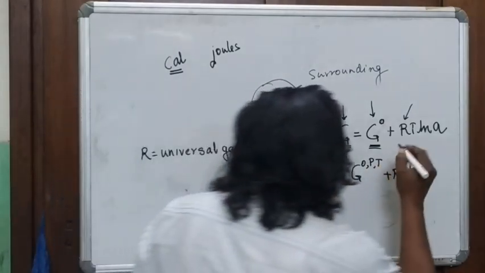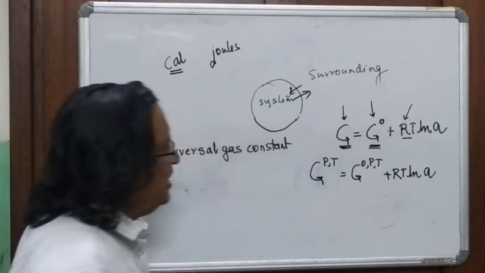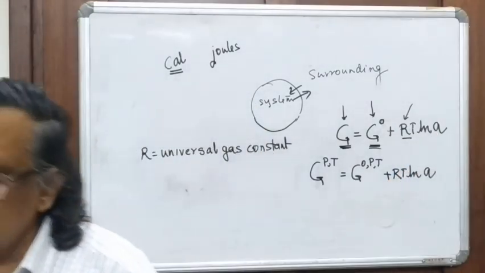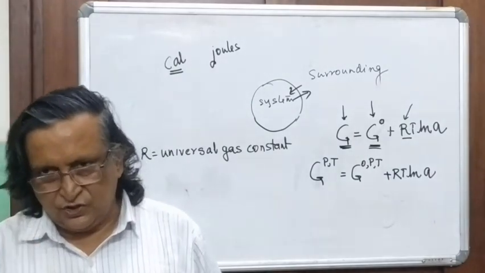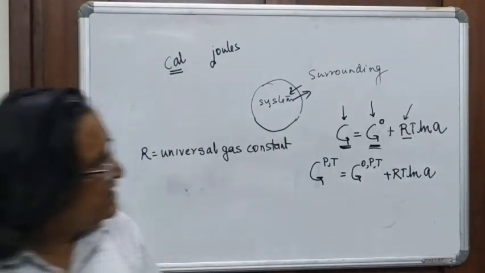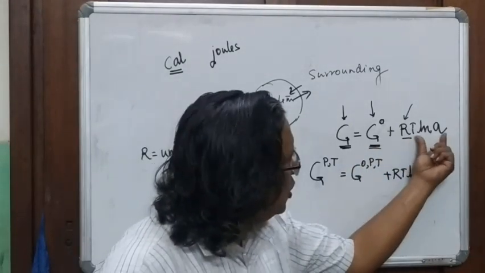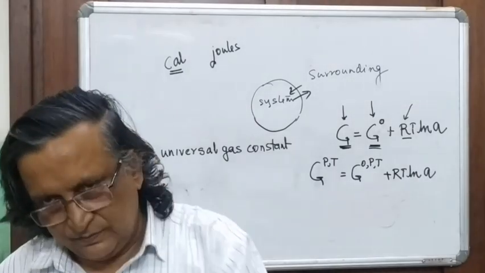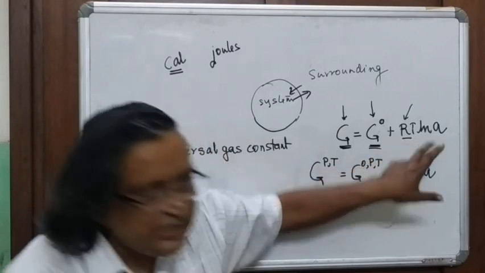Now, R into T. You remember from your school days, activity is a dimensionless number. It does not have a unit. It's a mathematical dimensionless operator. So you have R into T.